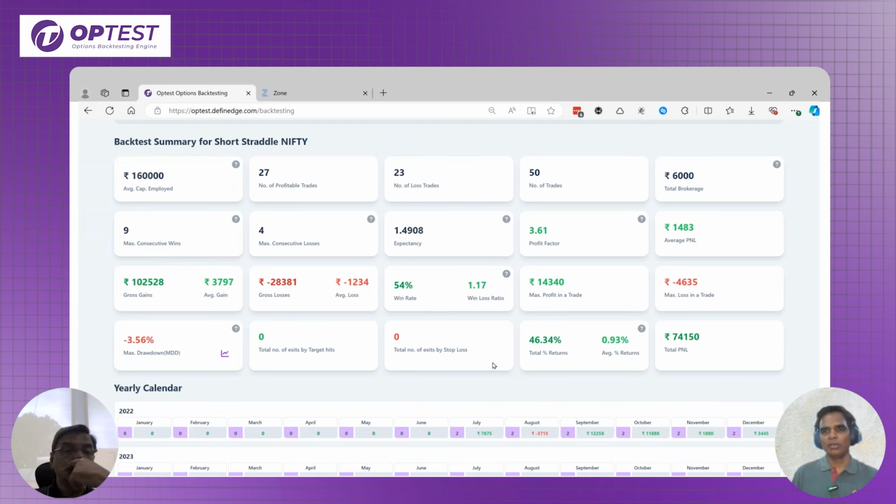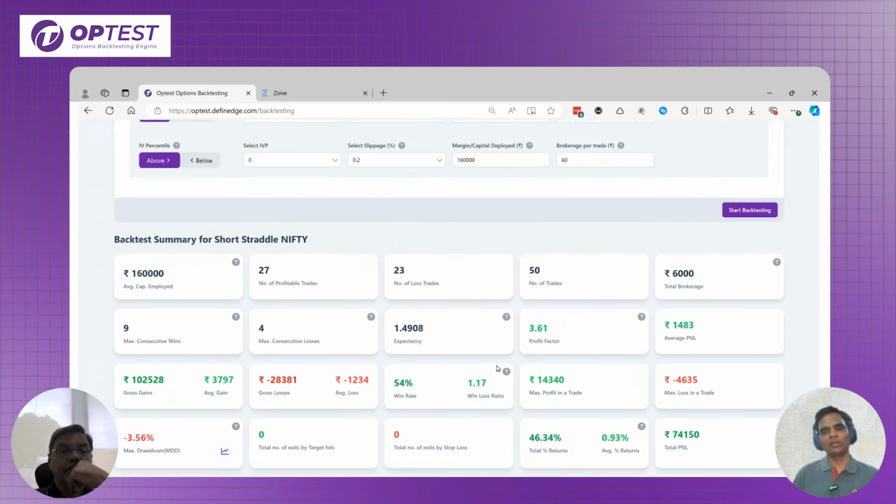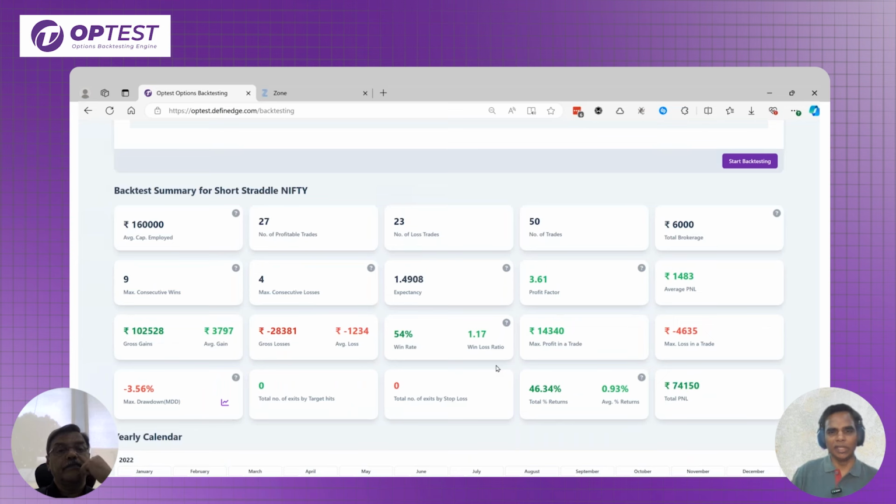This looks good. Obviously, weeklies, because the number of trades are very high, and maybe in weeklies the relative premiums are higher to number of days, so you will see maybe much better returns in weeklies. That's my interpretation.